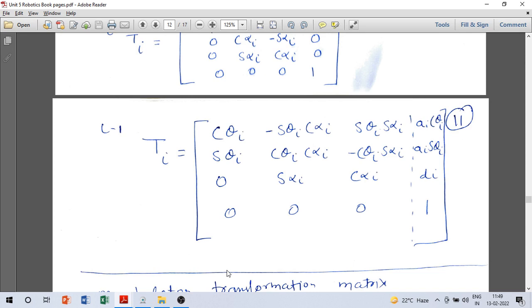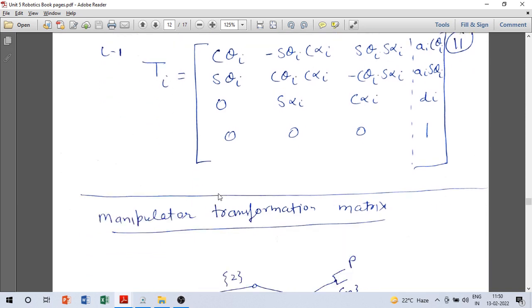Those are Denavit Hartenberg parameters. Once we have those parameters, we can write the mapping from I minus 1 to I in this way. Here c theta I just means cos theta I. So that gives us the mapping from I minus 1 to I.